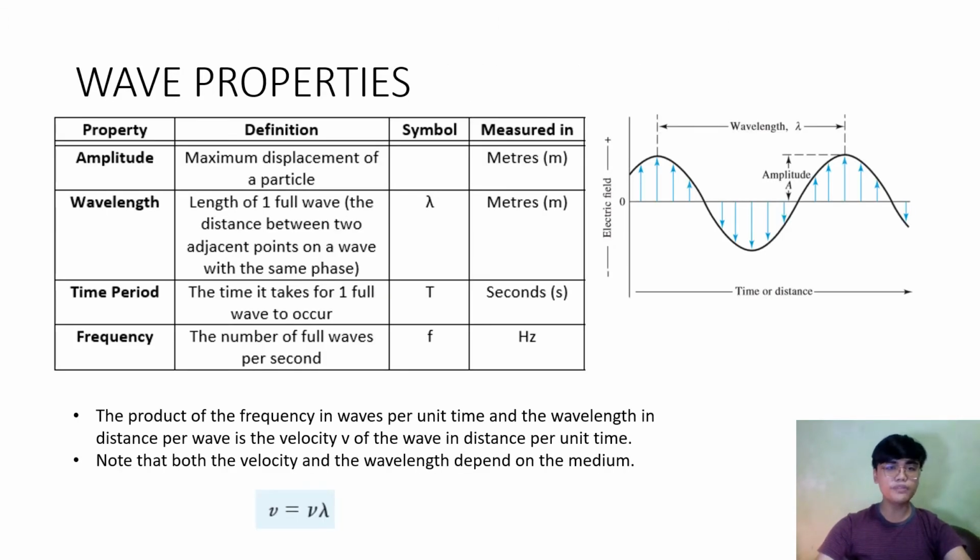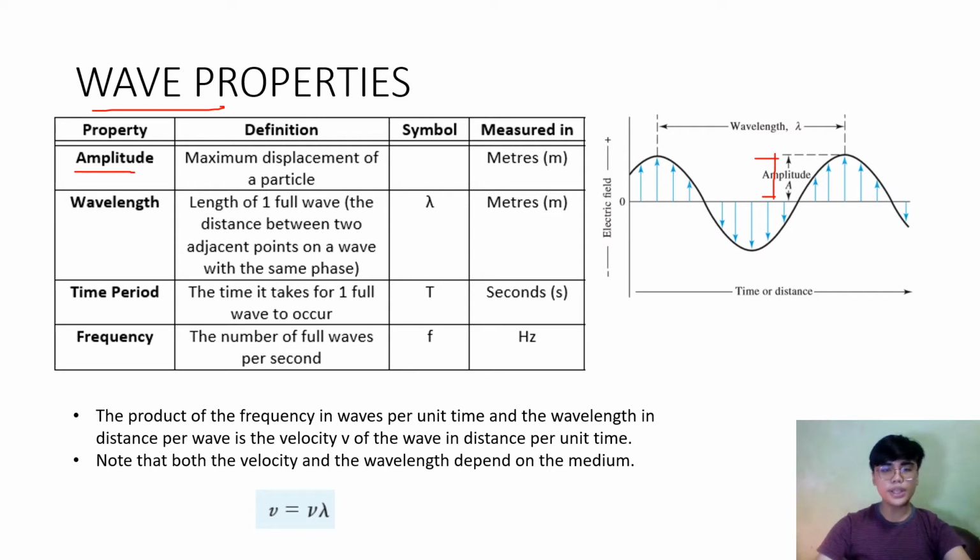For the wave properties, in dealing with phenomena such as reflection, refraction, interference, and diffraction, electromagnetic radiation is conveniently modeled as waves consisting of perpendicularly oscillating electric and magnetic fields. For the properties of a wave, we have first the amplitude, which is the maximum displacement of a particle.